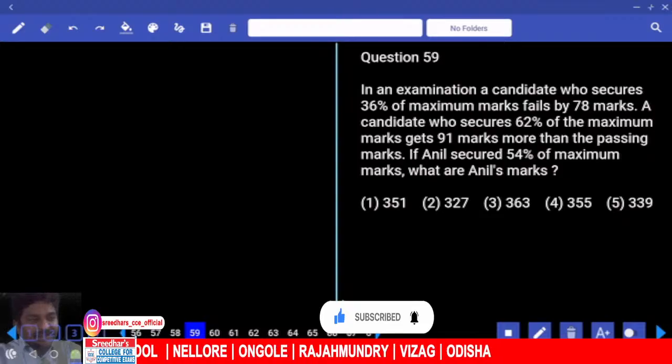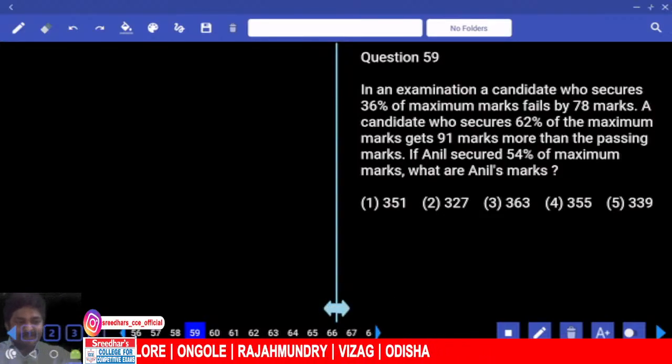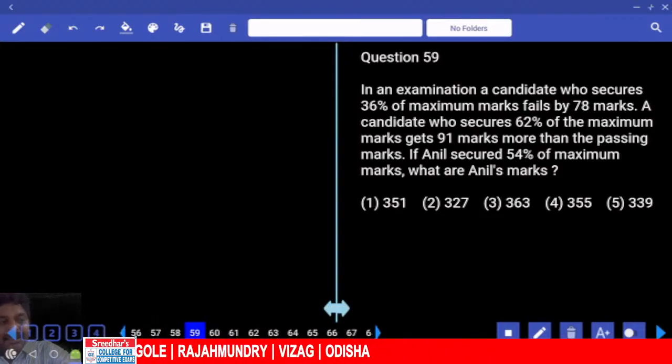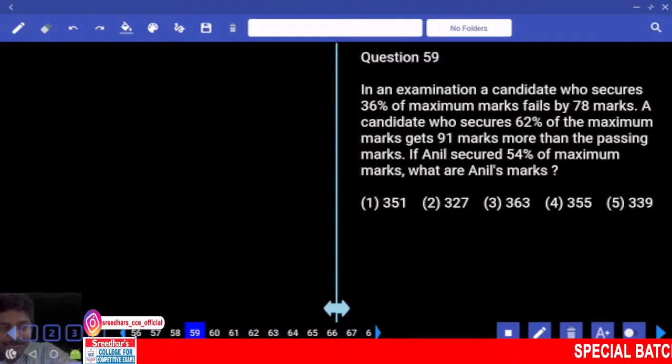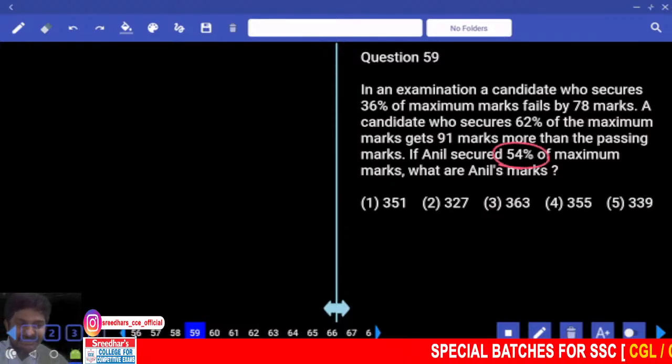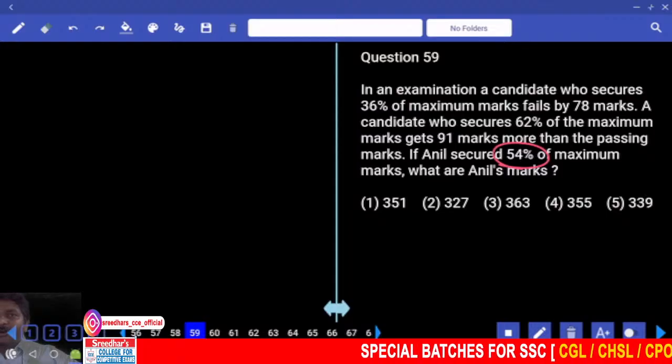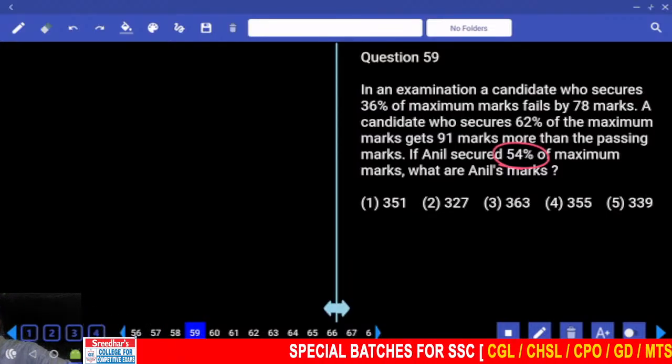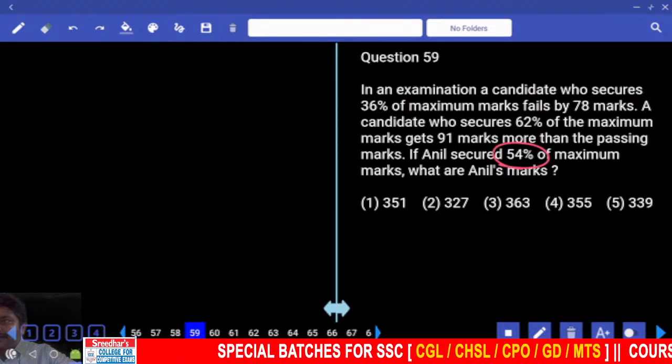In an examination, a candidate who secured 36% of the maximum marks fails by 78 marks. A candidate who secures 62% of maximum marks gets 91 marks more than the passing mark. If Anil secured 54% of the maximum marks, what are Anil's marks? Anil secured what percentage? 54% is a multiple of 9. So the answer must be a 9 multiple.